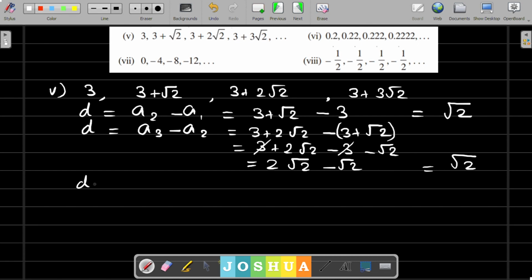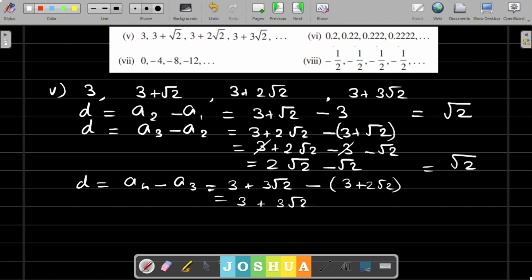Now I am going to find the next difference, that is a4 minus a3, and a4 is 3 plus 3 root 2 minus, whenever you have more than one term use a bracket. So 3 plus, what is the value of a3? 3 plus 2 root 2. In this case I expand here, 3 plus 3 root 2 minus 3 minus 2 root 2.